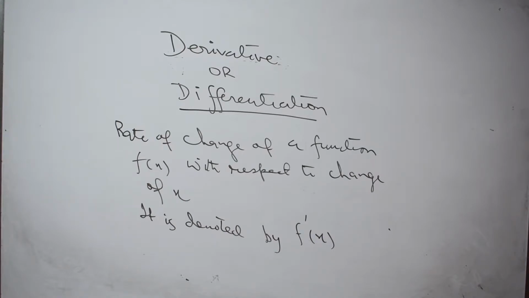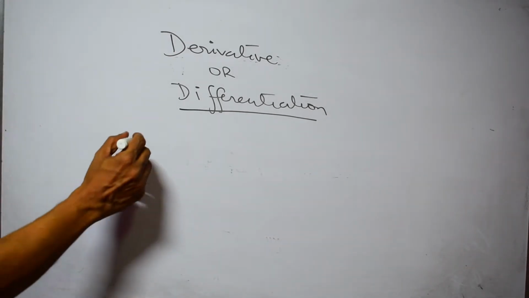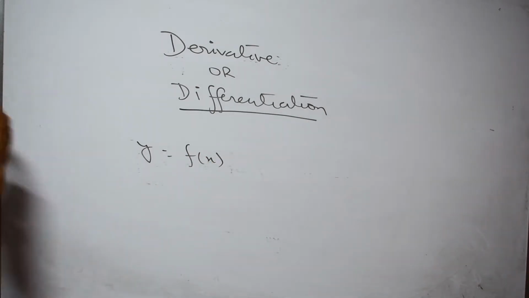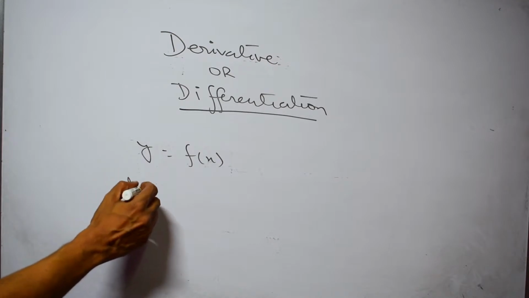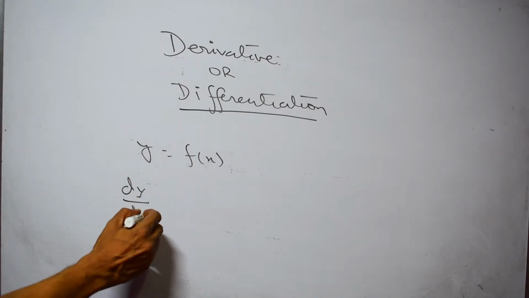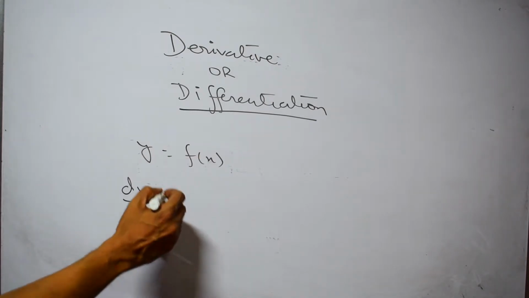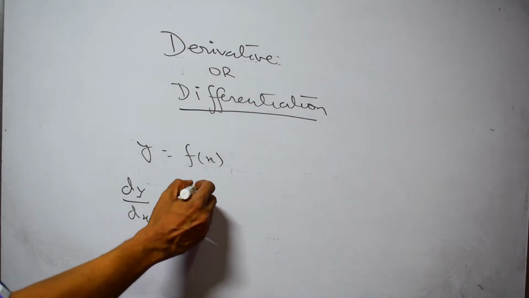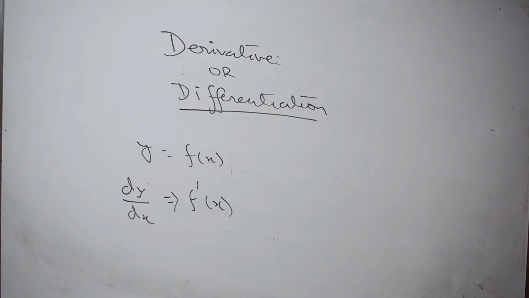Generally, our notation for f(x) is y, a variable which is dependent on x. Then we write the derivative of y with respect to x as dy by dx. So dy dx is nothing but the derivative of y with respect to change of x, and f dash x is nothing but dy dx, what we usually denote.